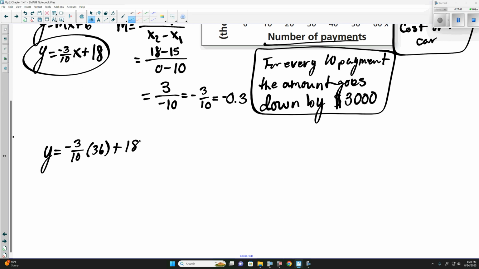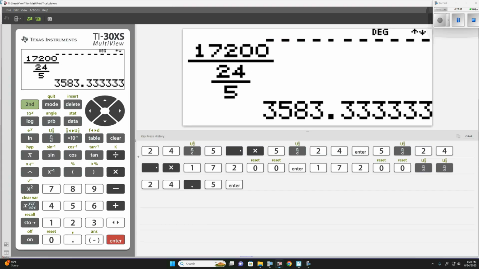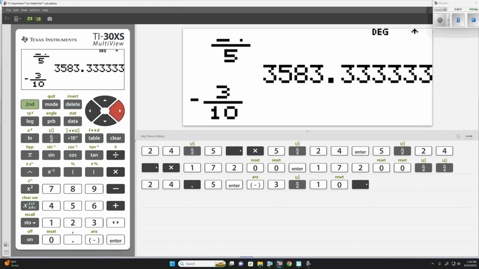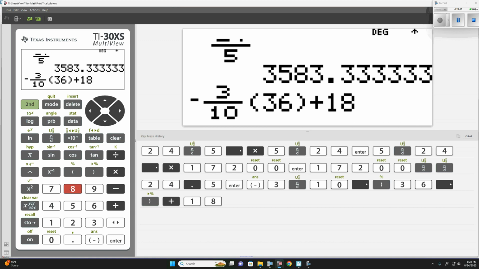Is the variable by itself? Can we say that's true? Yeah, so everything on here is just straight numbers. So I can say negative 3/10 times 36 plus 18 is 36 over 5.